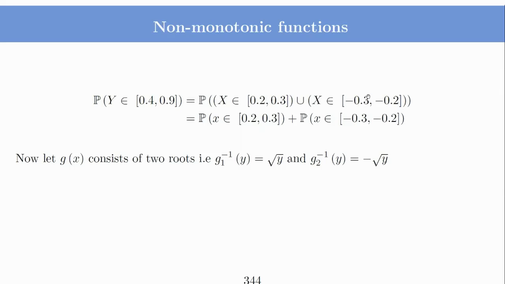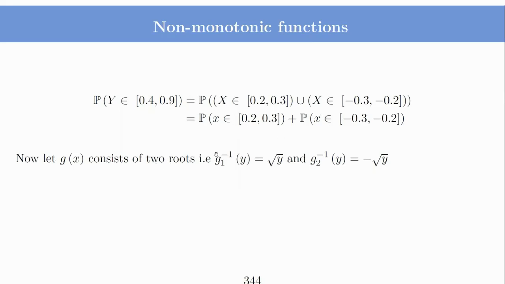In both cases, x square would be in between this. And also these are disjoint events. So I can say the probability that x belongs to the union of these can also be written as the probability that x belongs to this plus the probability that x belongs to that. So this can be written as a summation of two intervals.